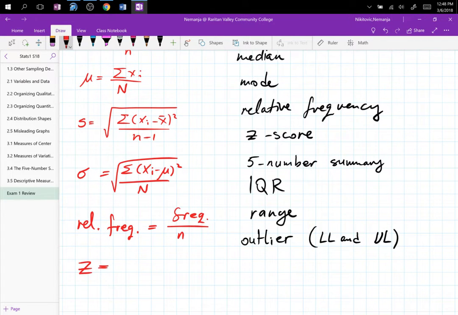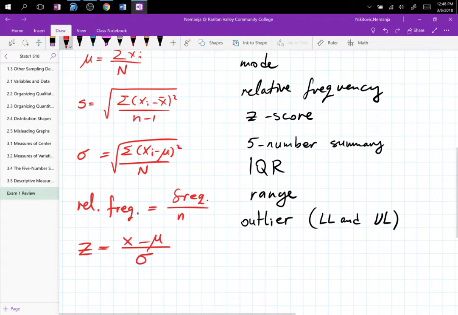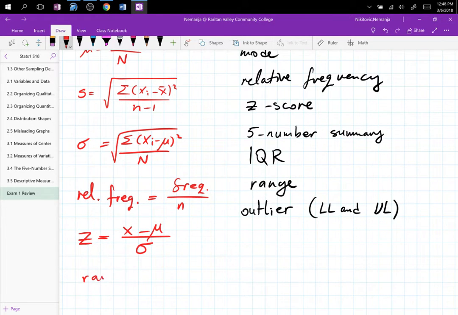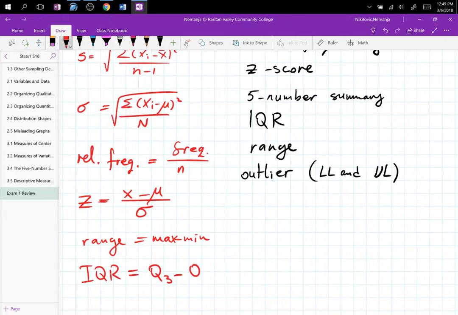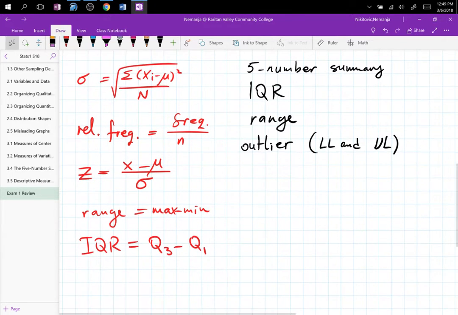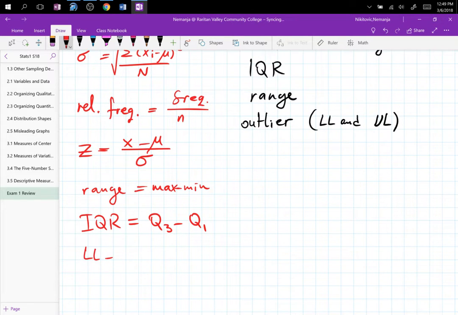Z-score, you must memorize. We only have it for population, so it's observation x minus mu divided by sigma. The range formula you have to memorize, which is the max minus min. What's the IQR? Q3 minus Q1, beautiful. And now we have the lower limit and upper limit. So lower limit was?